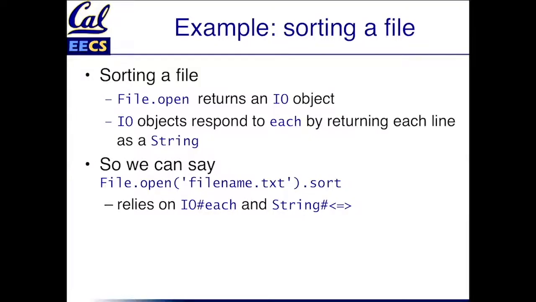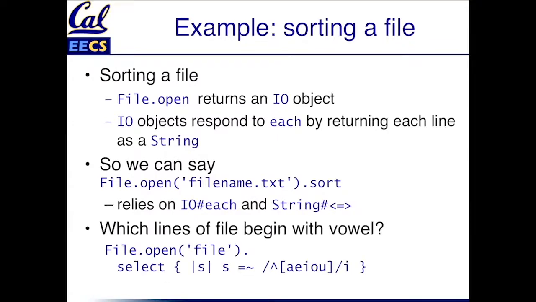That's it. I don't have to provide anything because the thing that I'm calling sort on is a collection that responds to each. It knows how to yield every element of itself. And inside that collection, what is each element? Well, it's a string, right? It's a line of a file. Strings know how to compare themselves. That's part of the built-in string behavior. So with no extra work, I can reuse behaviors despite the fact that the classes are different.